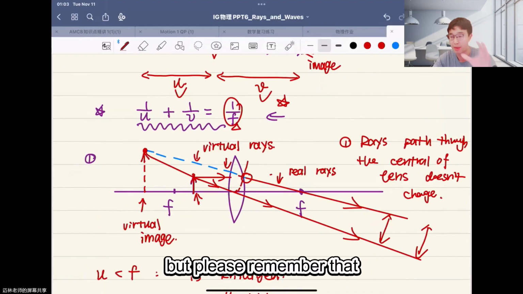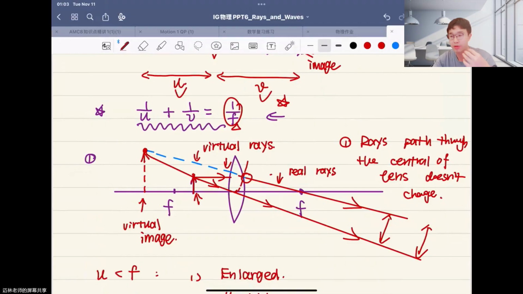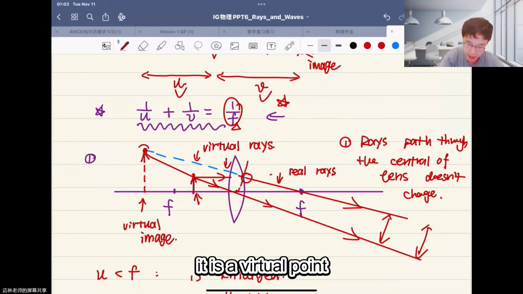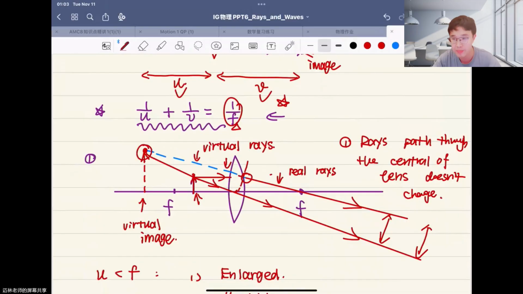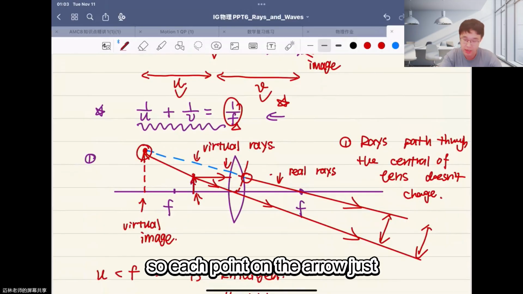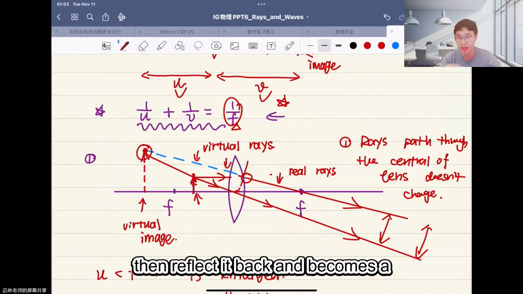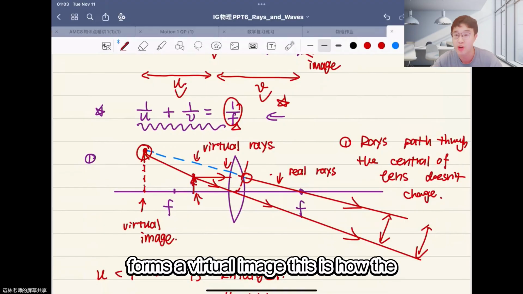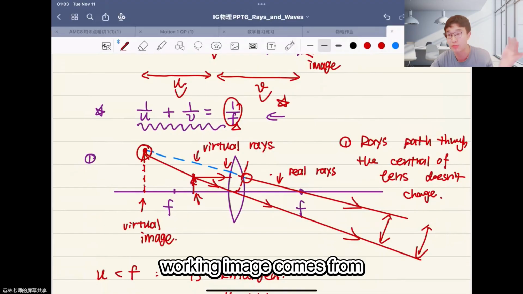So you find the intercept, but please remember that we are prolonging in a very different direction. So here it is a virtual point. Each point on the arrow is reflected back and becomes a virtual point. Every virtual point forms a virtual image. This is how the virtual image comes from.